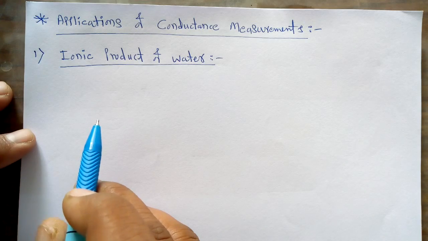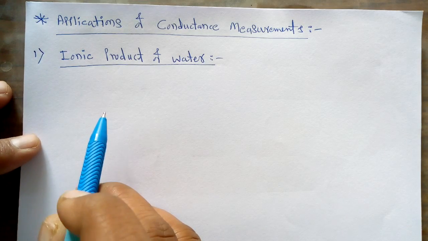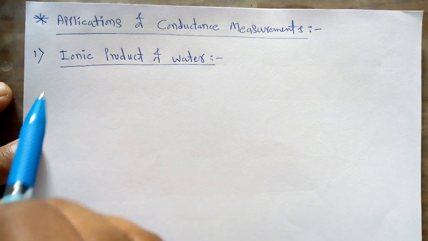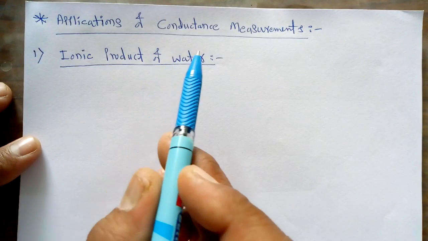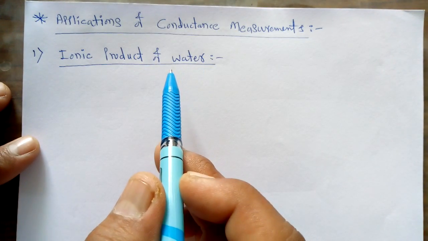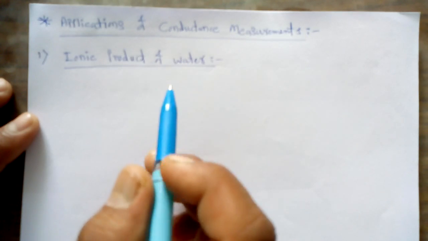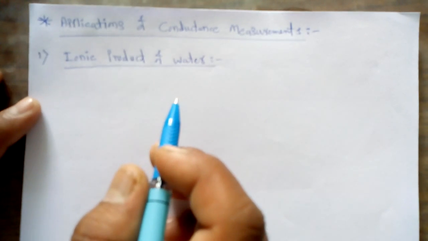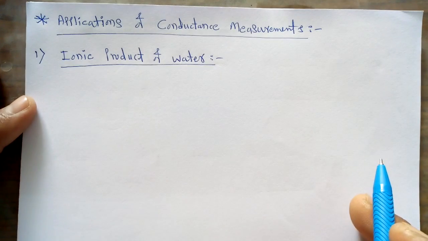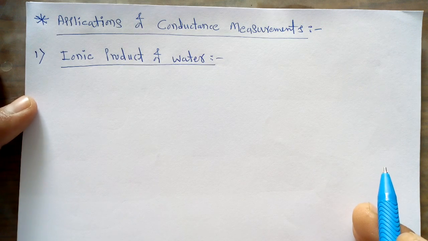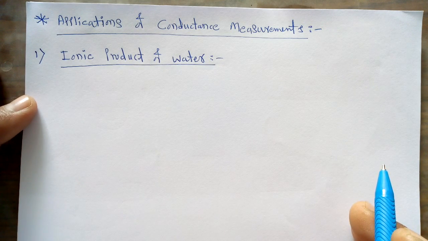Now, in the current lecture, we are going to study the next point from the chapter, that is, applications of conductance measurements. How are conductance measurements useful for different types of calculations for a particular electrolytic solution?